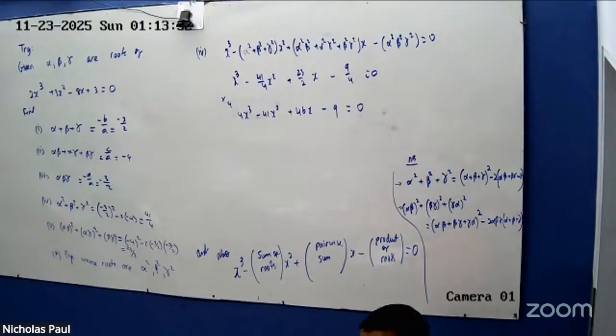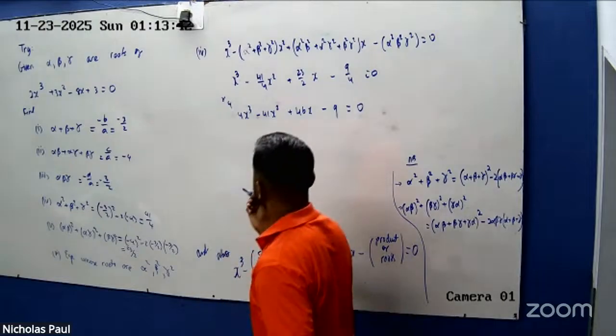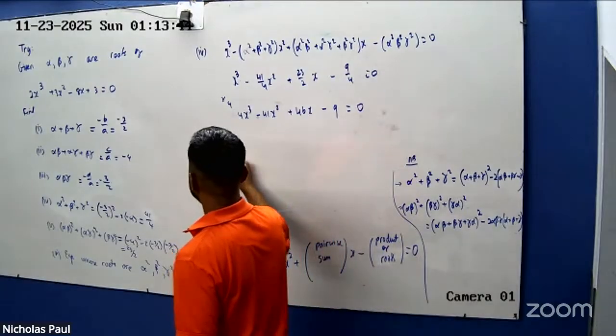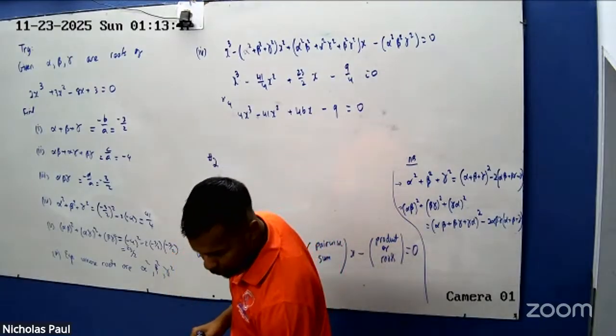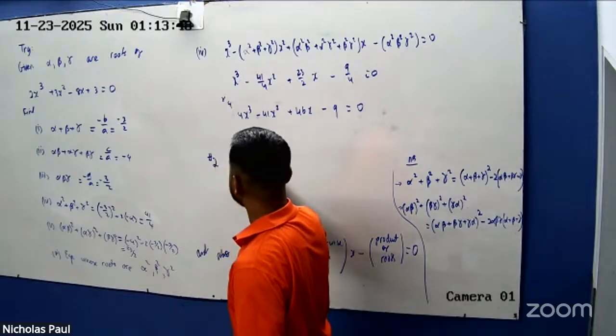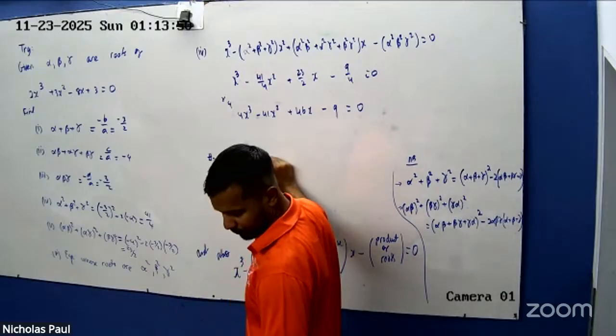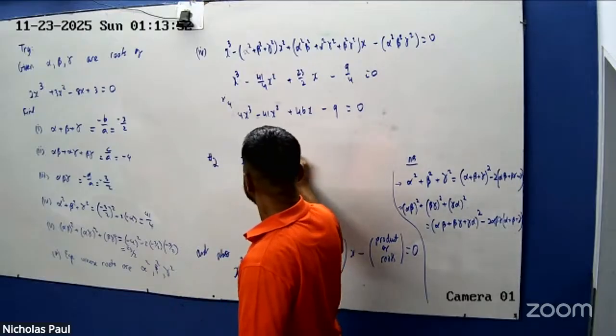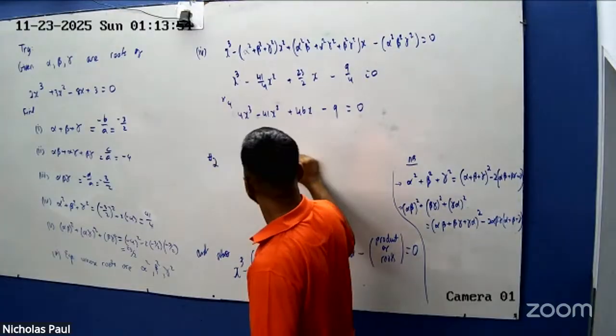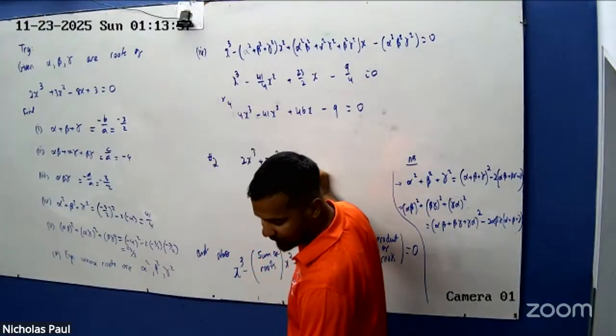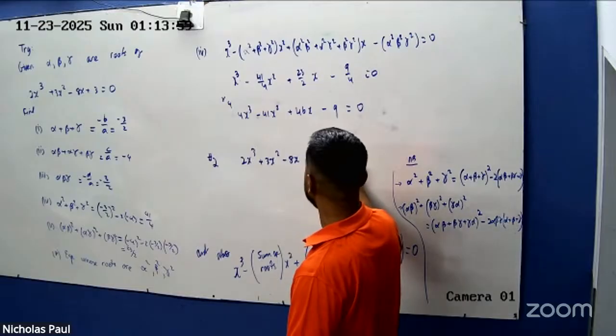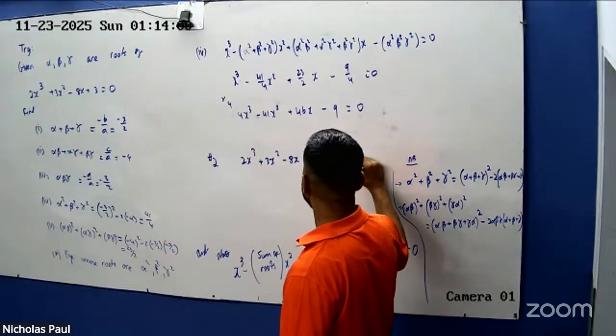Ready? Let's try next one now. The roots of the cubic 2x cubed plus 3x squared minus 8x plus 3 equal to 0 are alpha, beta, and gamma.